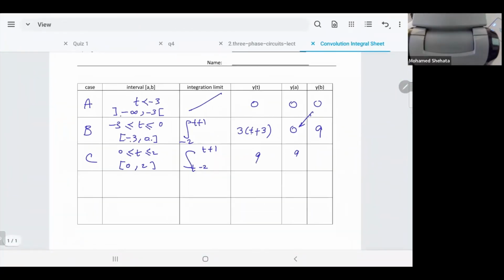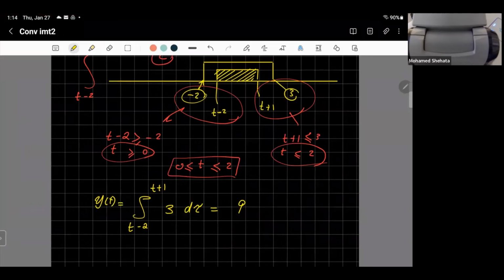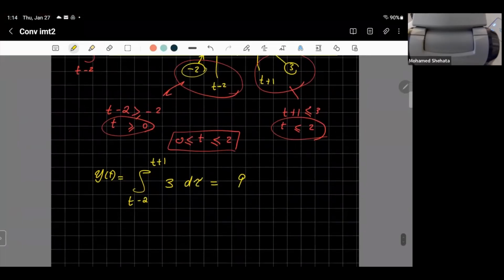So ya is equal 9 and yb is equal 9 at the boundaries. It's just a straight line. And let me check, they are equal. I'm fine. And you can integrate it by yourself. It's very easy. 3 tau, evaluated from t minus 2 to t plus 1, so the t cancels, as you see, and then all numbers add.